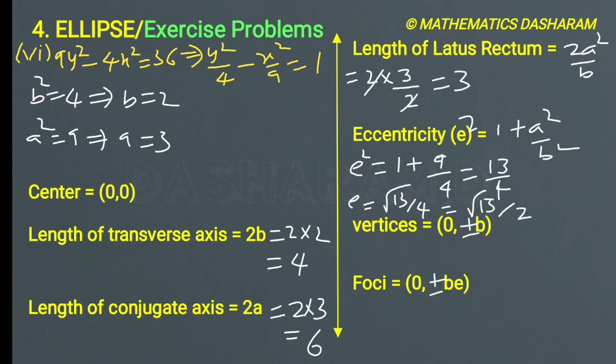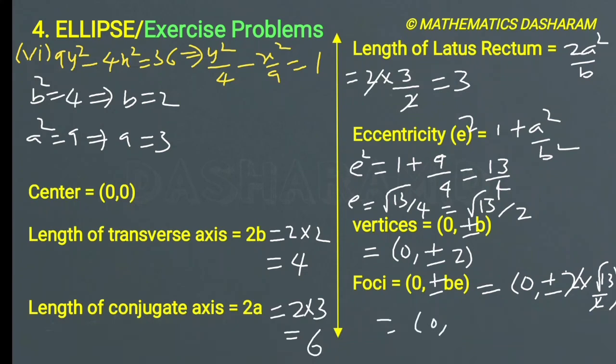Next, vertices 0 comma plus or minus b, so 0 comma plus or minus b value 2. Next, foci 0 comma plus or minus b into e, so b value 2 and e value root 13 divided by 2, here 2 cancel, then 0 comma plus or minus root 13.